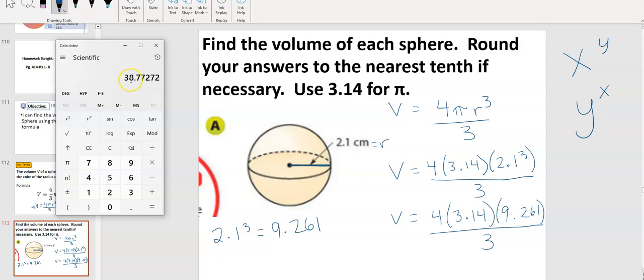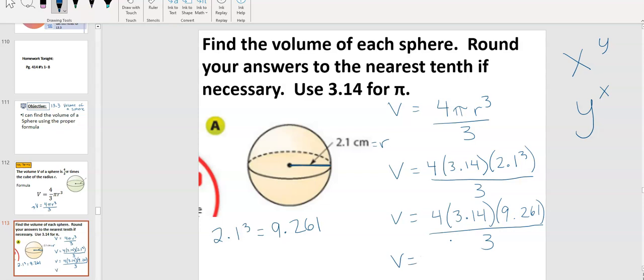So in the end, I'm going to get 38.77, and if I'm rounding to the nearest tenth, we're going to round up and get 38.8. So my volume here is 38.8 centimeters, and because it's volume, it's going to be cubed. That's how I find the volume of a sphere.